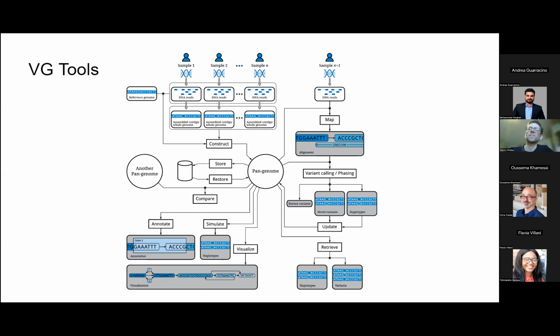And you're leveraging the variation you know about from samples 1 to n to improve your read mapping for the n plus first. And VG also contains some tools for genotyping and variant calling and visualization and extraction, et cetera. Next slide, please. Sorry.